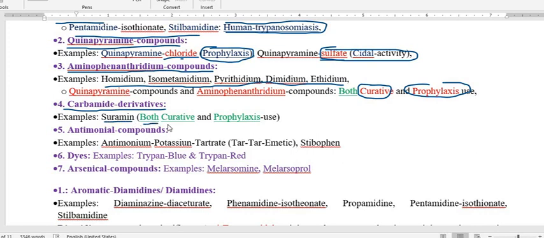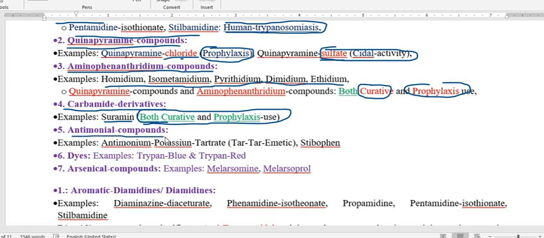The only drug we are still using is suramin, which is also used for both therapeutic or curative purposes as well as prophylactic measures for trypanosomiasis.